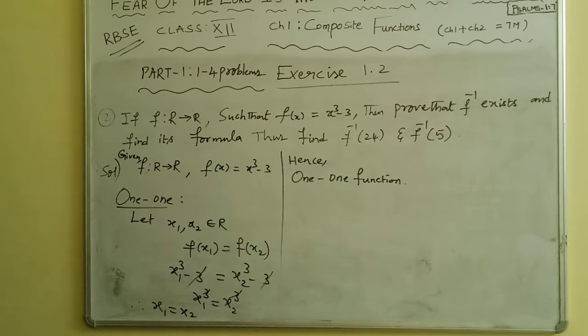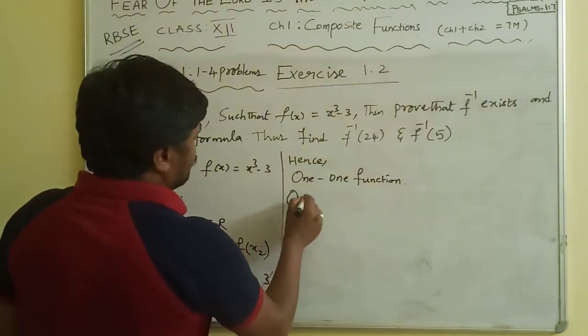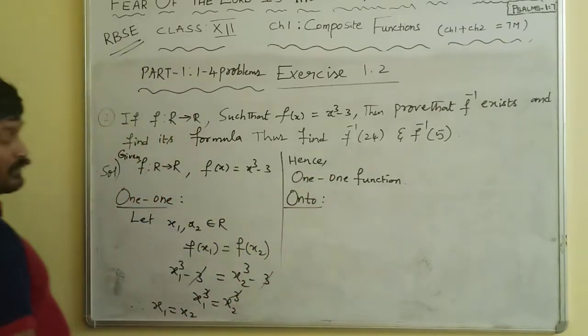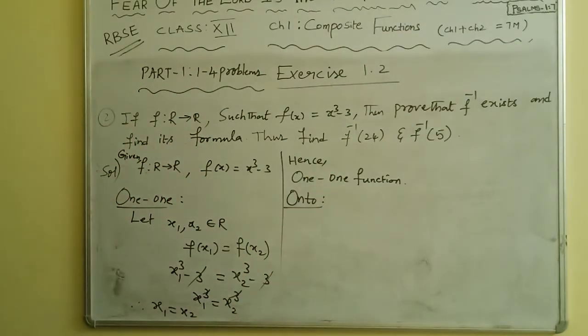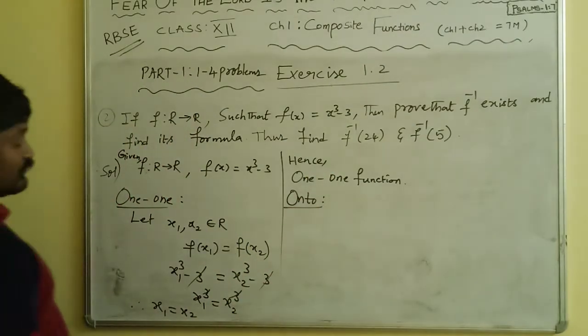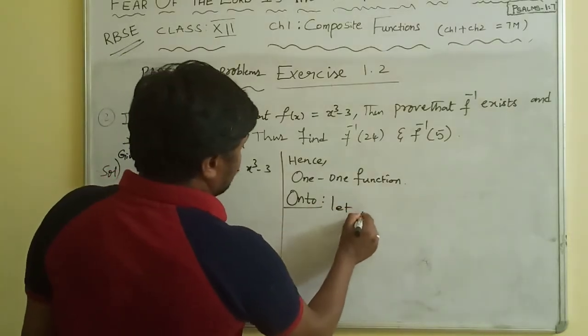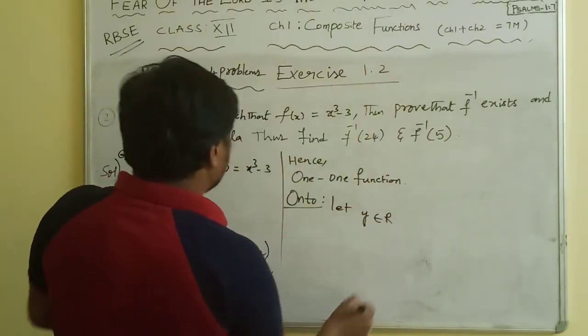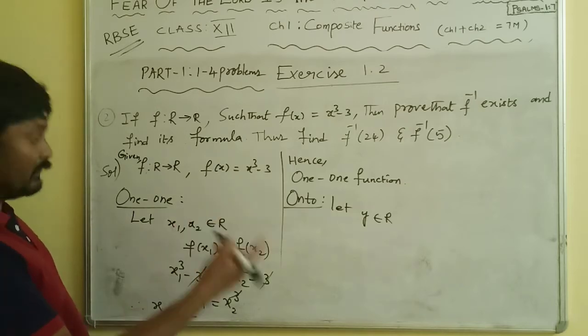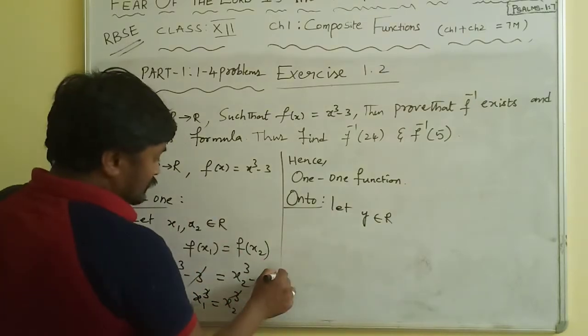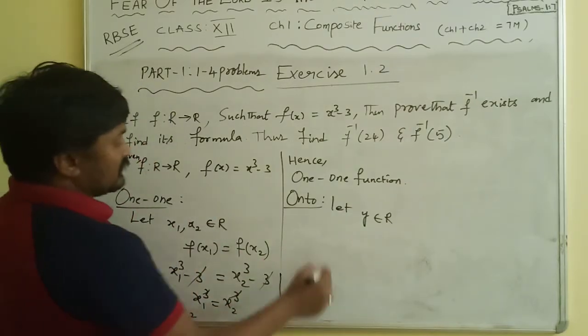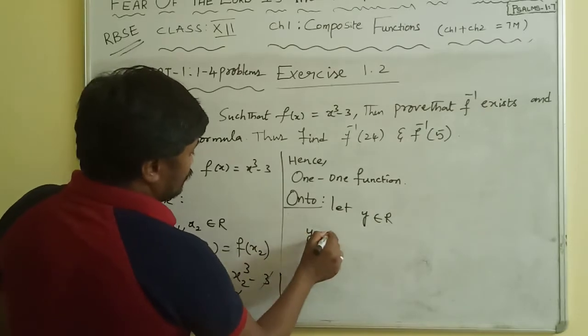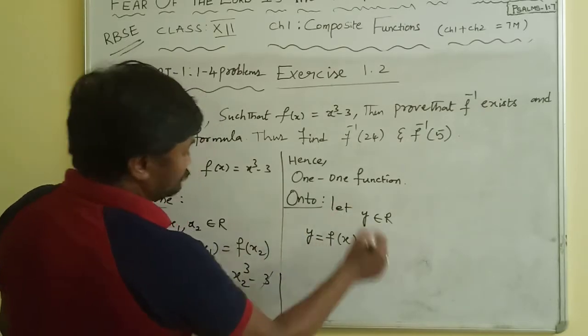So let y belong to R, because we need to prove at last that f of x is equal to y. To prove that, let y be equal to f of x.